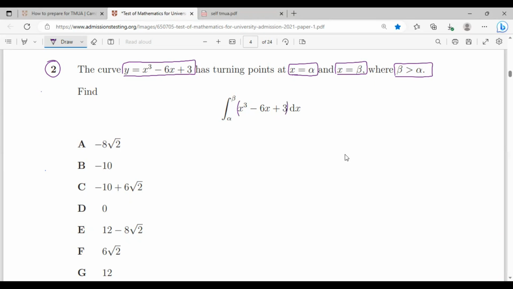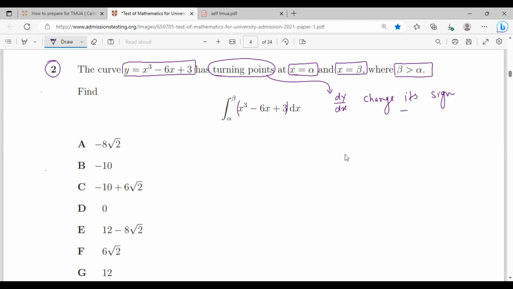For this question, first of all, we have to find its turning points. So what is a turning point? Turning points are those points where dy upon dx changes its sign. What does it mean?